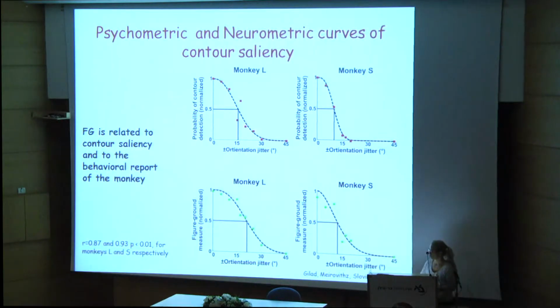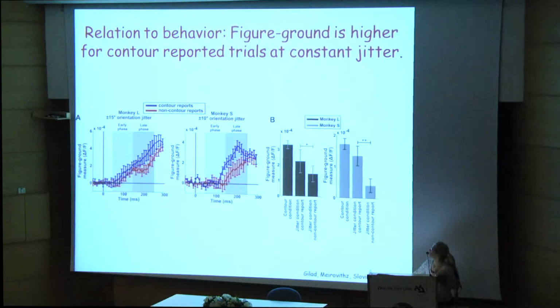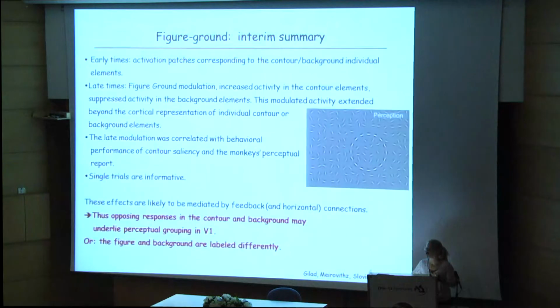I don't have time to get into perceptual report of the animal for trials with identical stimuli yet different perceptual report. This is shown over here, but essentially the figure ground measure was correlated also with the perceptual report for constant visual stimulus input. So let me conclude fast on the figure ground part.